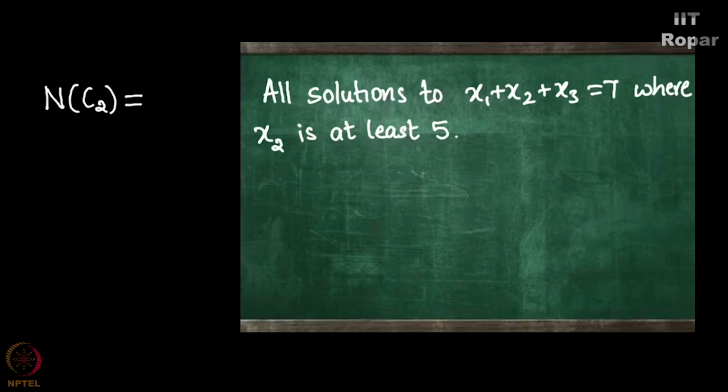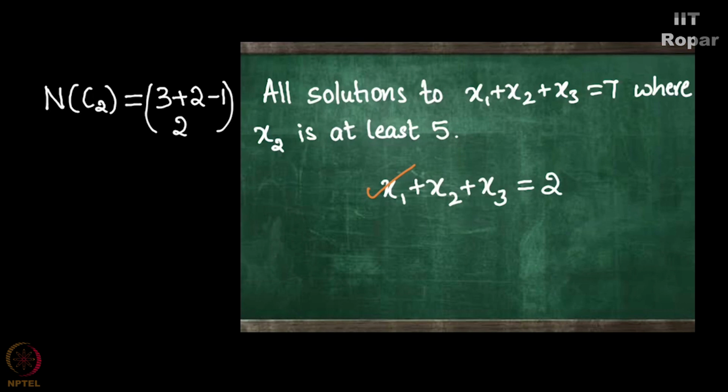Following the same lines, it is precisely asking the solution to the equation x1 + x2 + x3 = 2. The solutions are (3 + 2 - 1) choose 2, which is 4 choose 2, which is 4 into 3 by 2, which is 6.